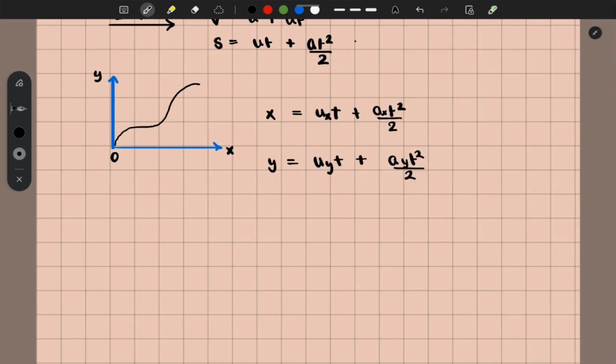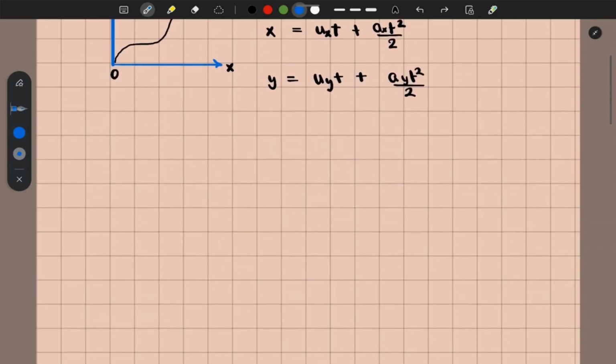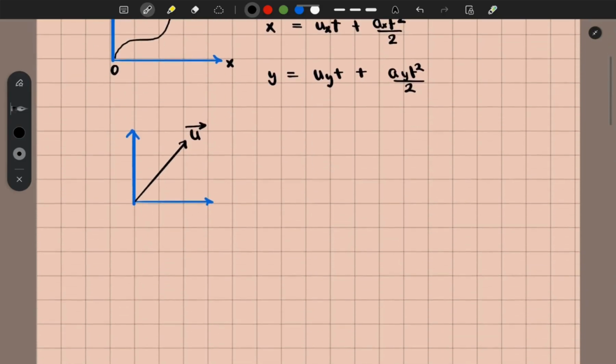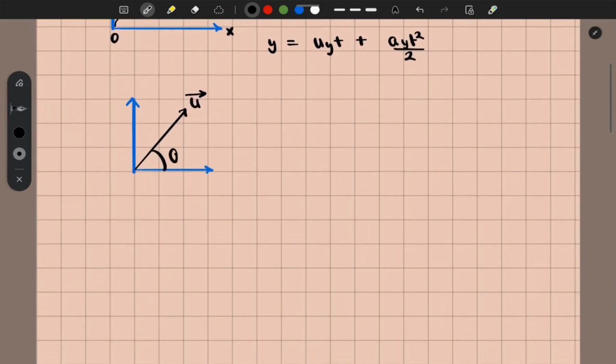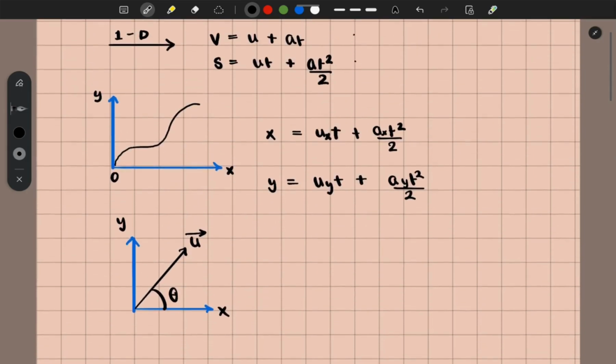Now, moving on, the next step is going to be to define ux and uy in our projectile motion case. So if we have the y-axis like that and the x-axis like that, and we project an object at a velocity u at an angle theta from the x-axis, then we can define velocity.